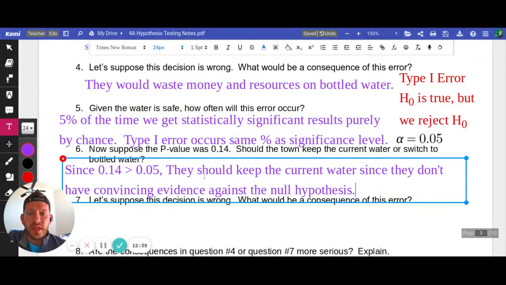So in this case, we would fail to reject the null hypothesis.